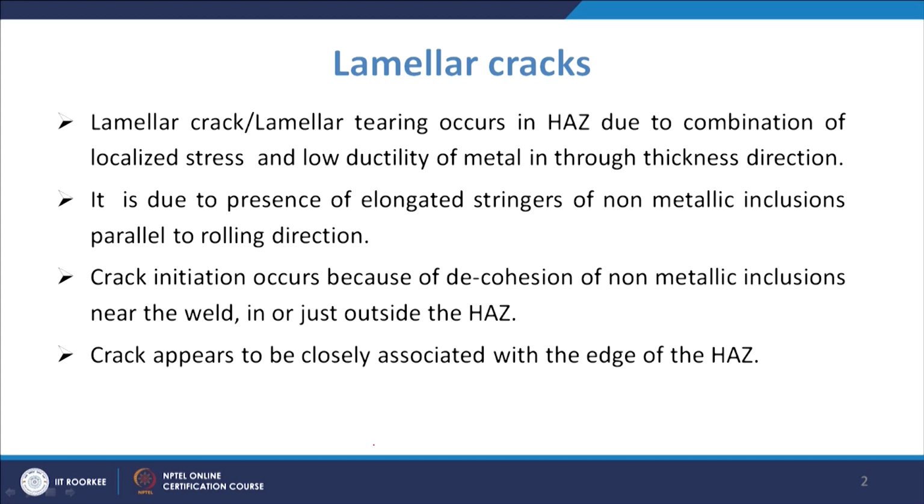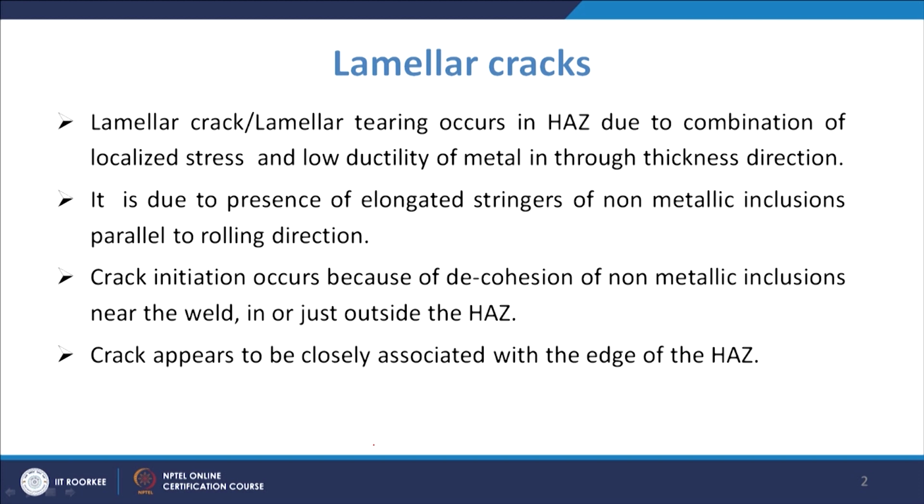What is happening is that this is due to the presence of elongated stringers of non-metallic inclusions, parallel to the rolling direction. When the metal is subjected to rolling, you will have the elongated stringers of non-metallic inclusions.